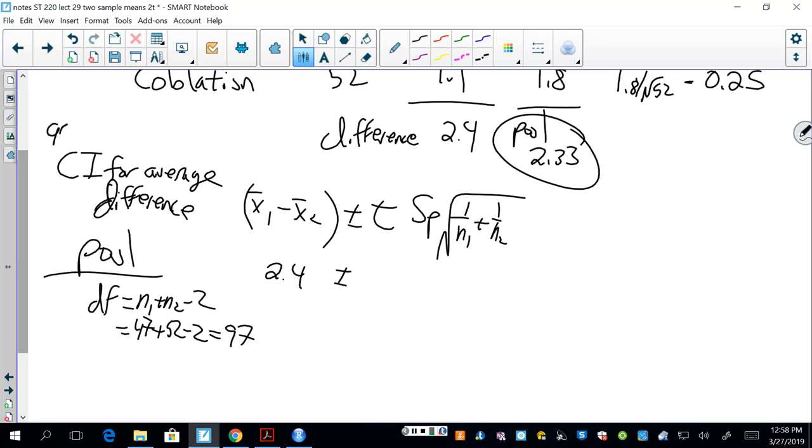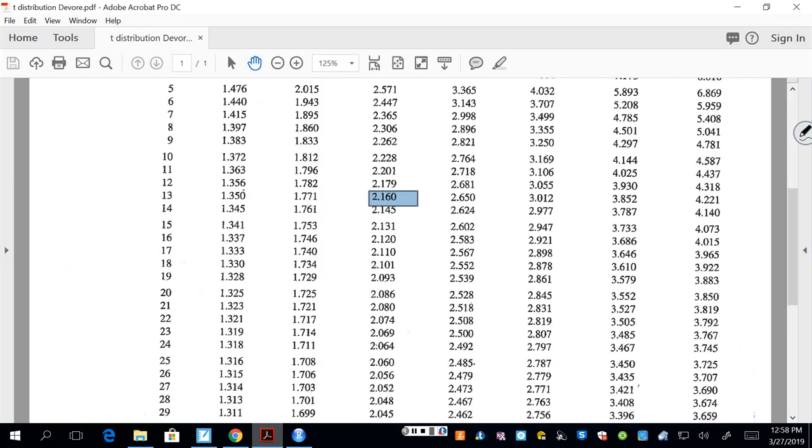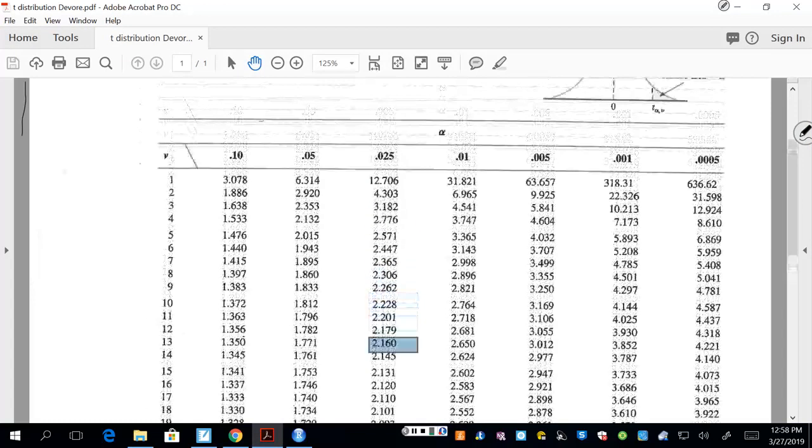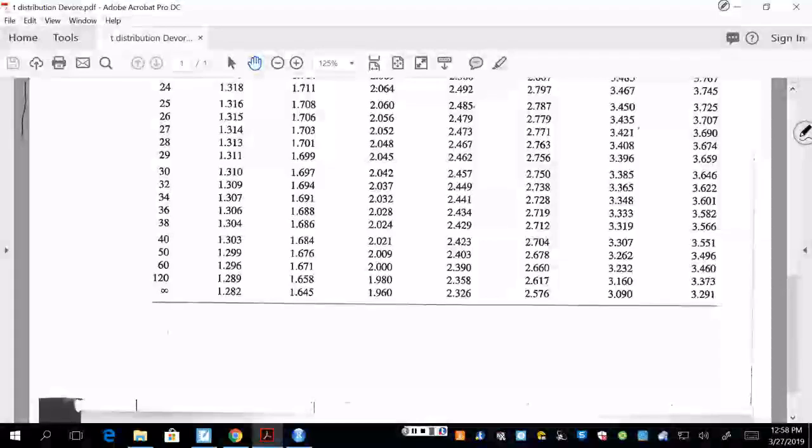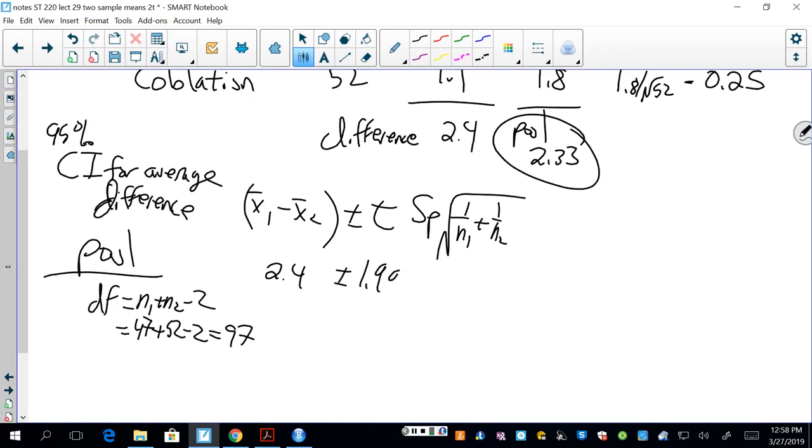If we do 95% confidence intervals, we'll look in the 0.025 column. And 97 is not exactly there, but 97 is going to be between those two places, 60 to, so 1.99, 97 somewhere in there, based on the accuracy that we're doing. 1.99, and then the pooled standard deviation, I told you, was 2.33.